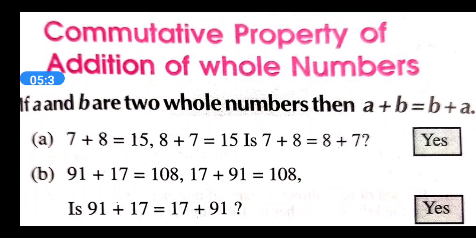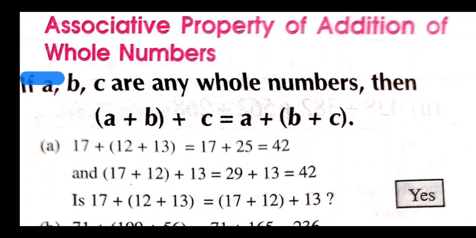That is, in addition of whole numbers, order in which we add does not alter the solution. And this property is known as commutative property of addition of whole numbers.